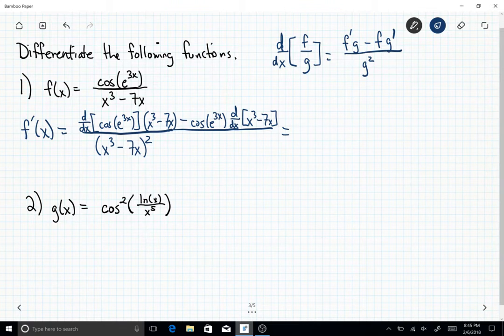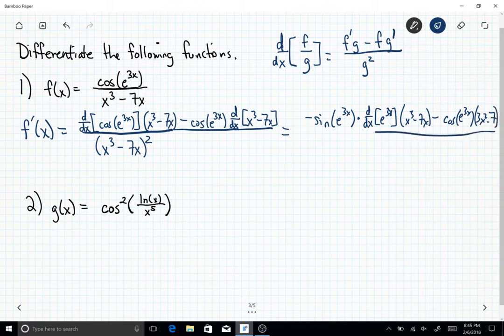So what that means is we're going to need to use a chain rule with the derivative of cosine, which is negative sine of e to the 3x, times the derivative of the interior function, which is derivative of e to the 3x, and then that would be times x cubed minus 7x, and then we go minus cosine of e to the 3x power, and the derivative of x cubed is 3x squared, and the derivative of 7x is just 7, and all that is over x cubed minus 7x, the quantity squared.